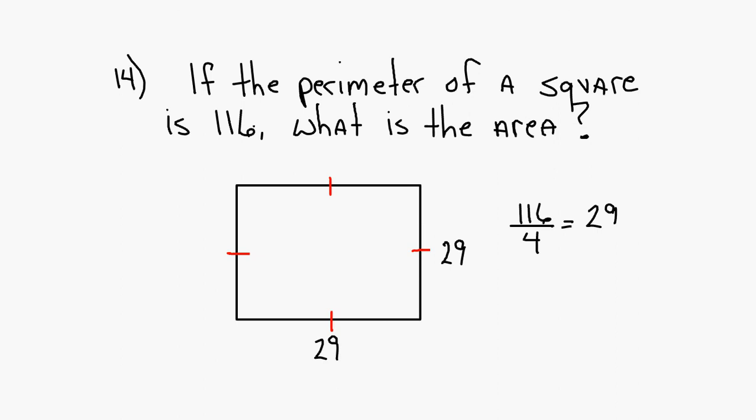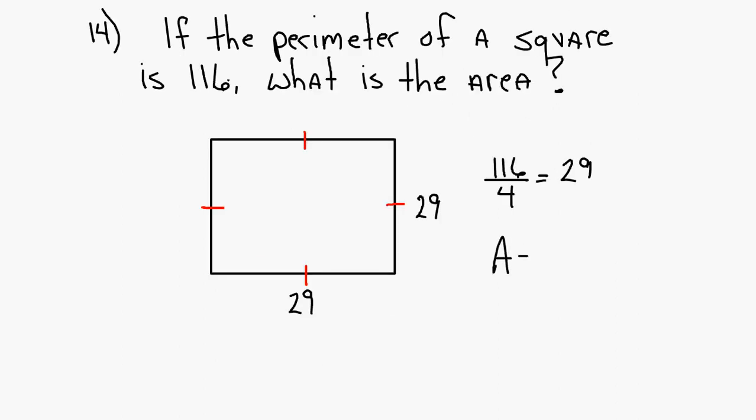Now the formula for the area of a square, the area of a square is equal to one of the sides squared. So in this case, the area is going to equal 29 squared. So the area is equal to 841.